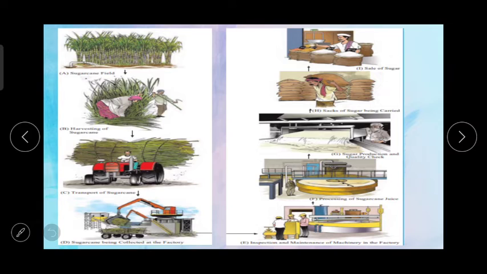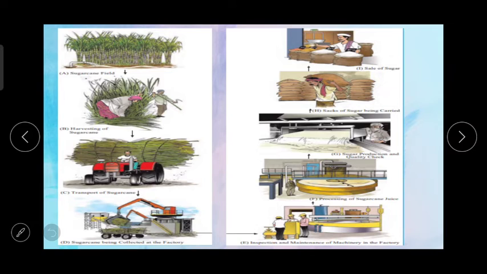We're learning the classification of occupations and see if you can answer the following questions related to the sugar production. In the first figure 10.1, it was all about the things related with the milk and milk products, and now in the figure 10.2 we're going to talk about sugar production.